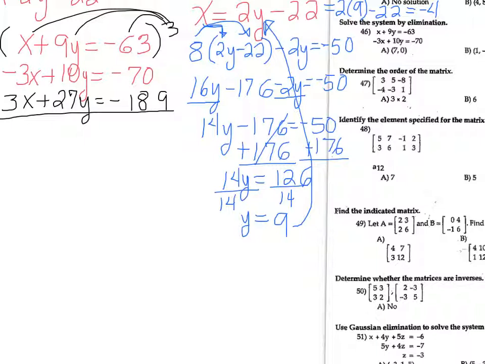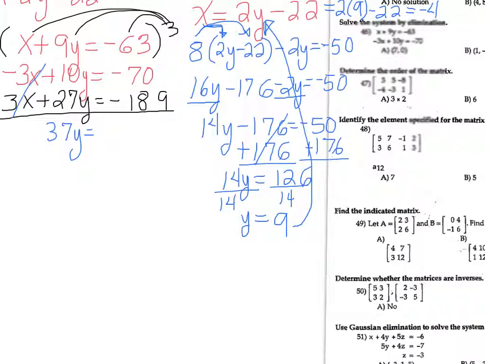What are we doing here? Elimination. So what am I going to eliminate? The x's. What is 10 plus 27? 37. Okay, so it's 37y equals. What about negative 70 and negative 189?